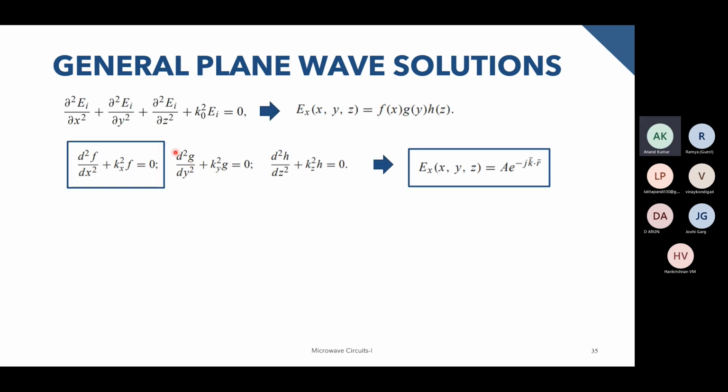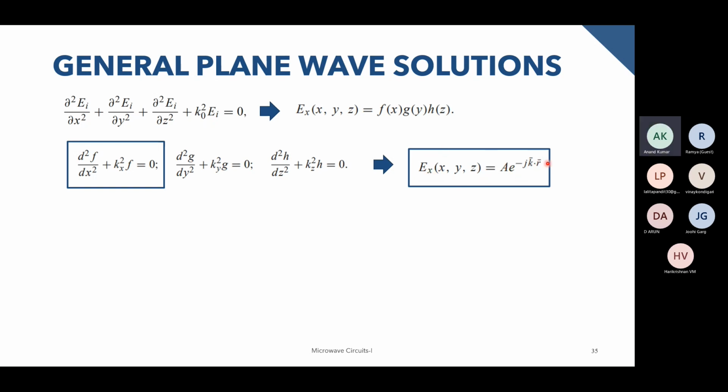So till now, what we have seen is that we started with the Helmholtz equation, and we wrote it individually for each of the rectangular components of the electric field, divided them into three separate differential equations, and we have solved them for the x component of the electric field.